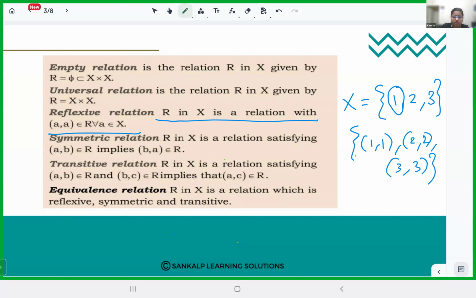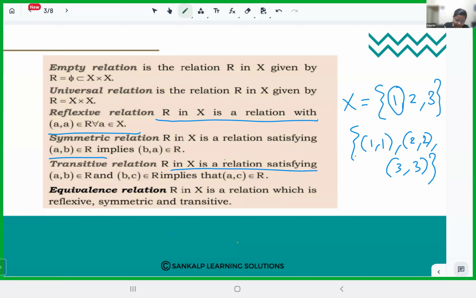And what do you mean by a symmetric relation? The relation R is said to be symmetric if the ordered pair (a, b) belongs to R, then definitely the ordered pair (b, a) should belong to R. Now you have studied about transitive relation. What is a transitive relation?